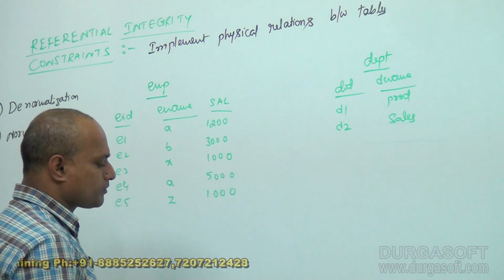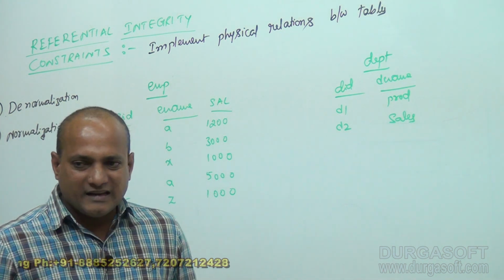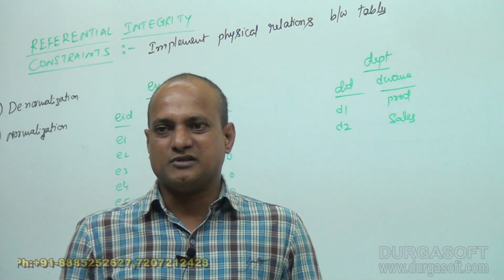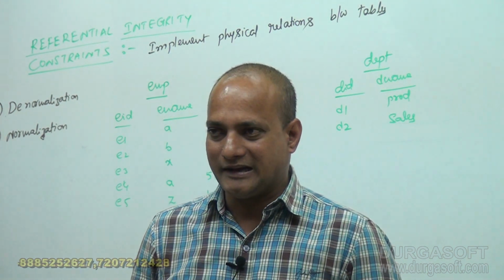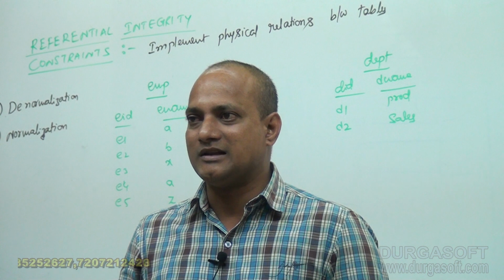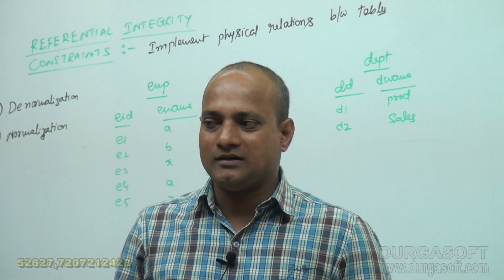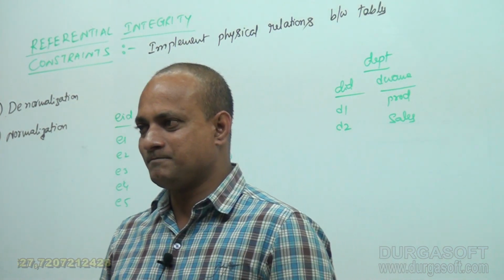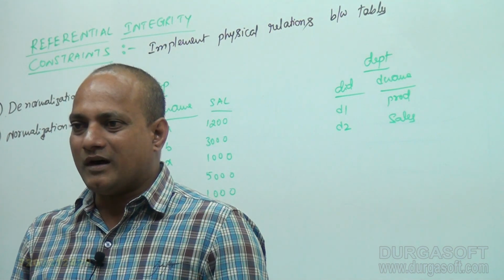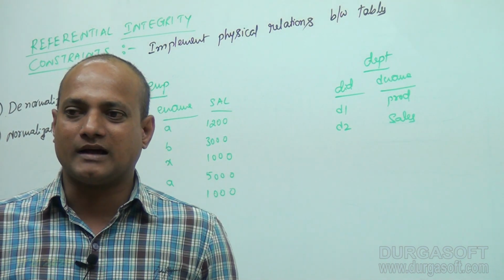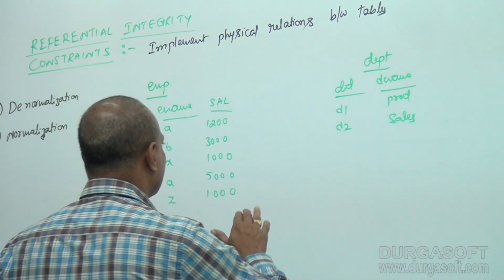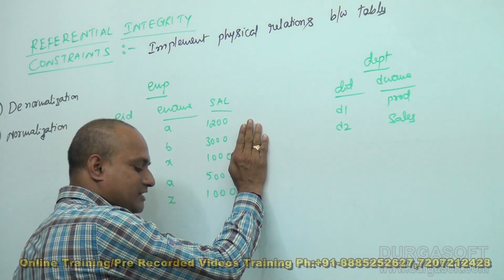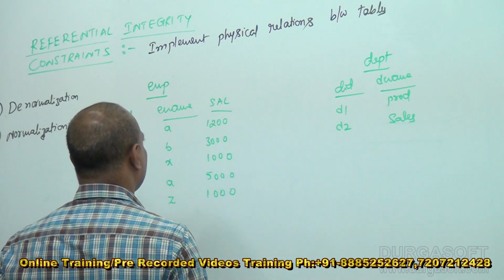What is denormalized data? Maintaining all necessary information together in one big table is called denormalization.